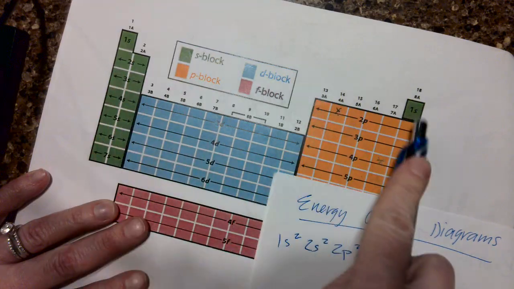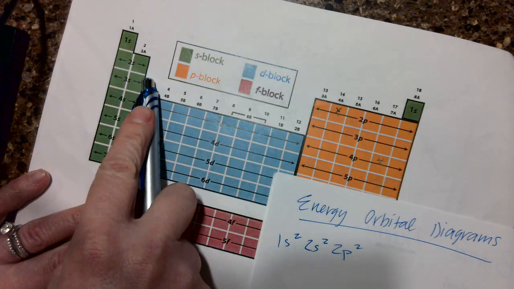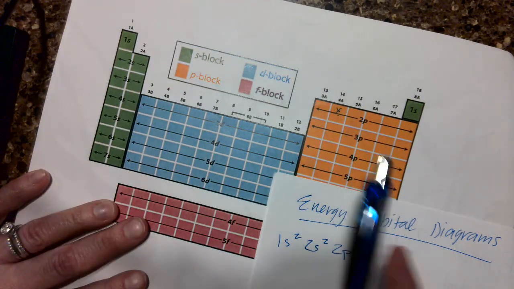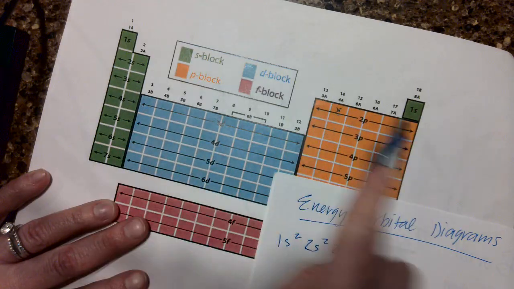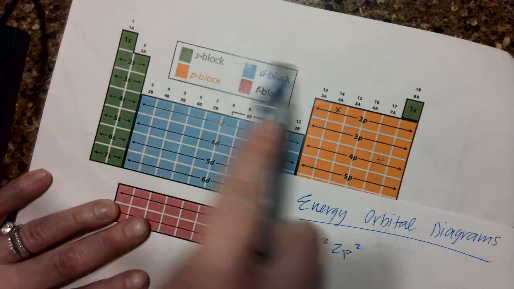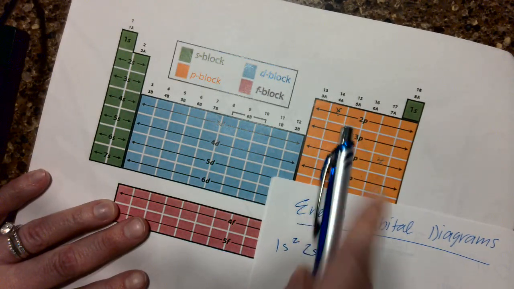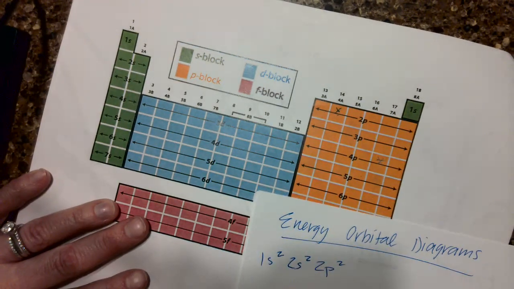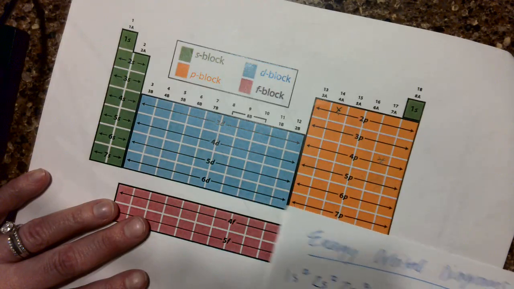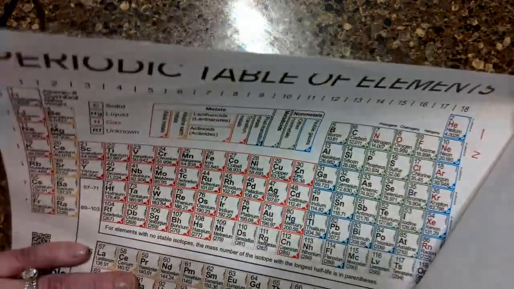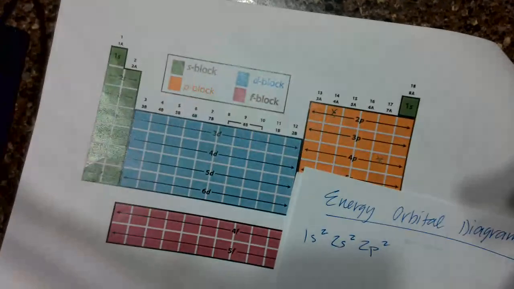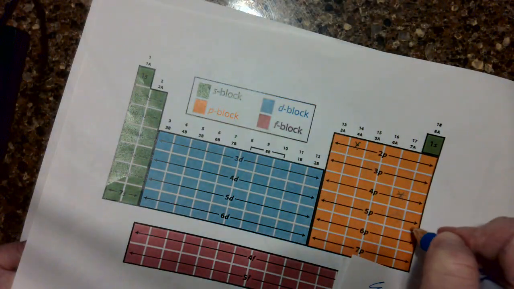Every time we walk across the periodic table, we gain a proton, but we also gain an electron, so this helps us. We gain an electron every time we take a step right on the table. This also helps you really quickly. Let's say you were doing xenon, which is right here.